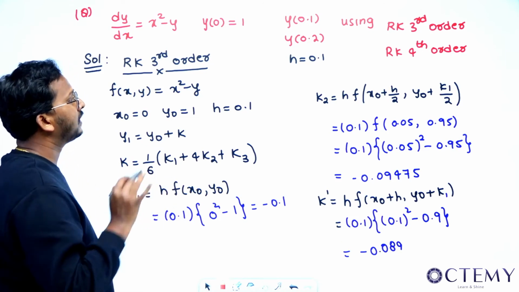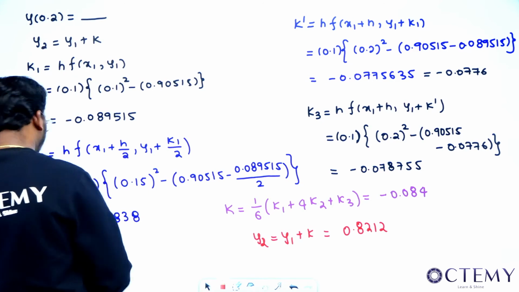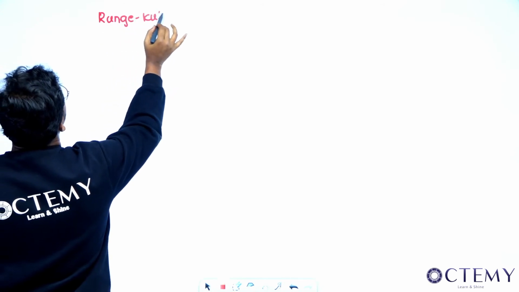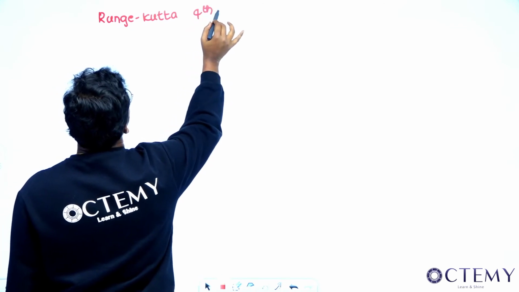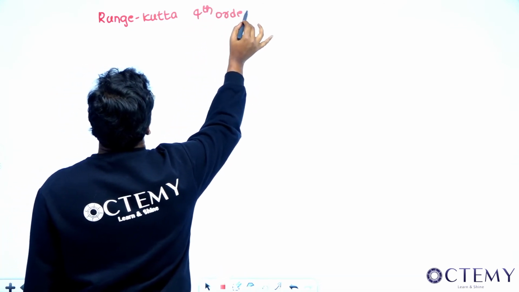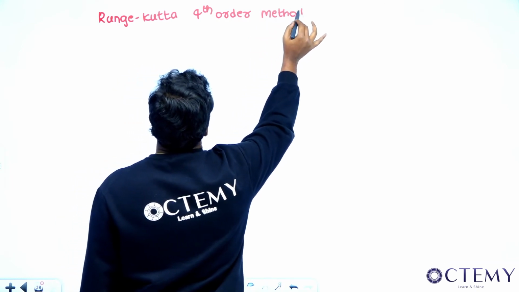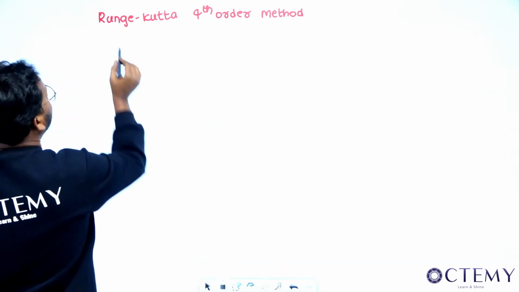If we apply the same for the fourth order method, see sir, what will be the difference? We'll do the same thing with the Runge-Kutta fourth order method. Let me just recollect the question.